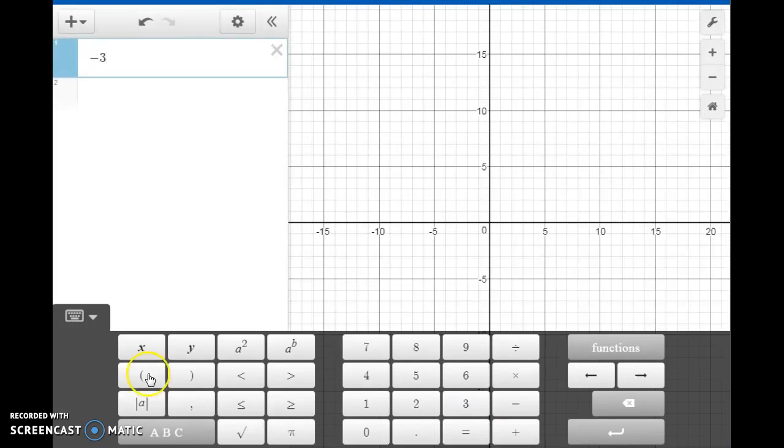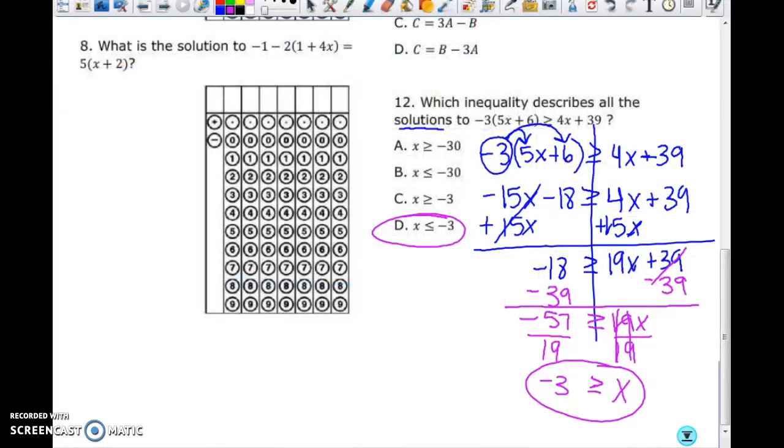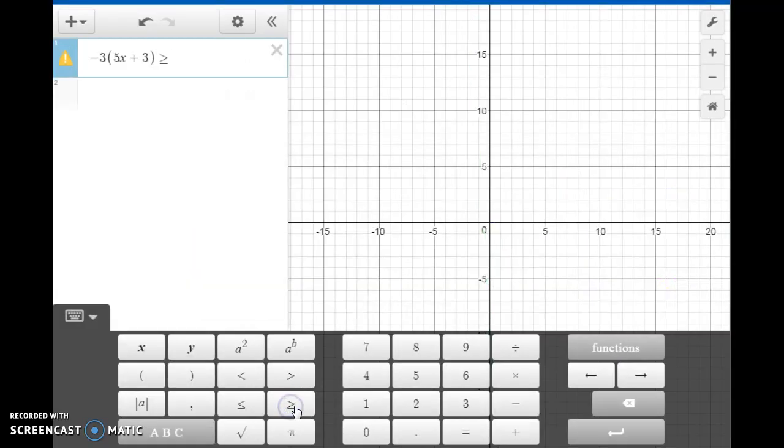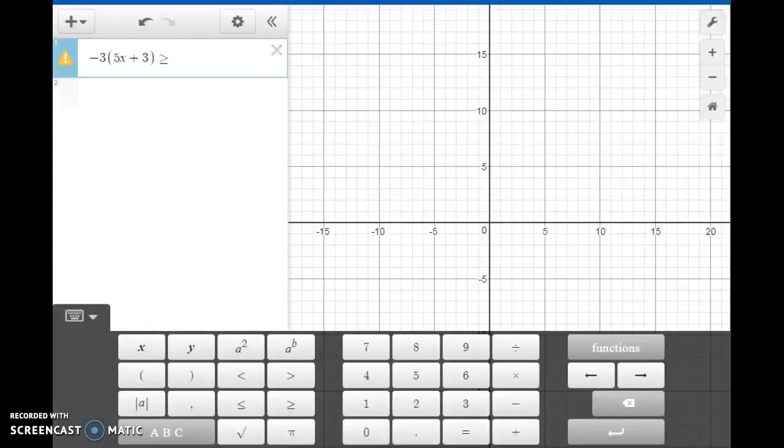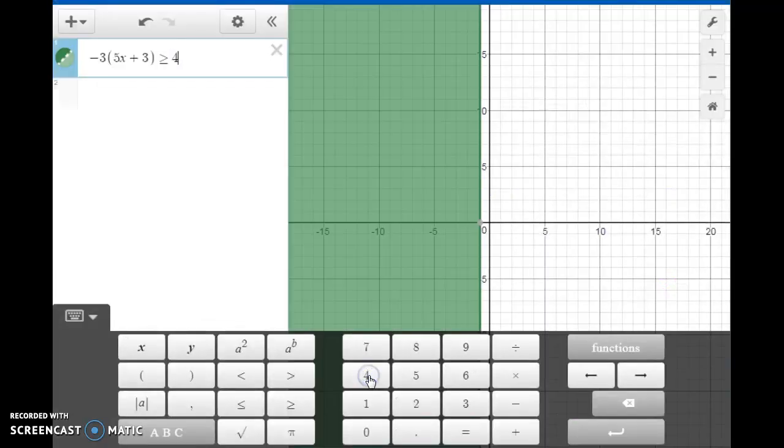Close that out. Then you look at your inequality, which is a greater than or equal to. So I can do the greater than or equal to. And then what is the other side? 4x plus 39.